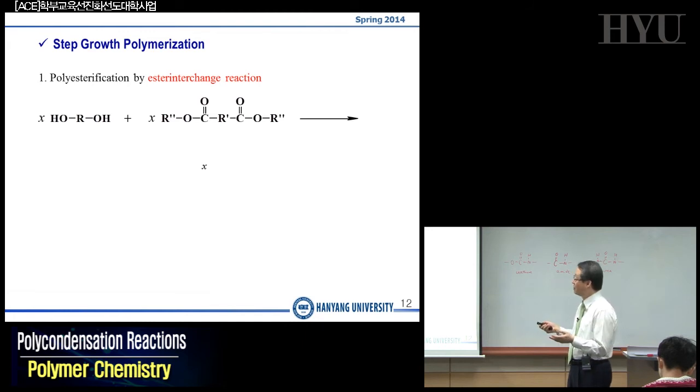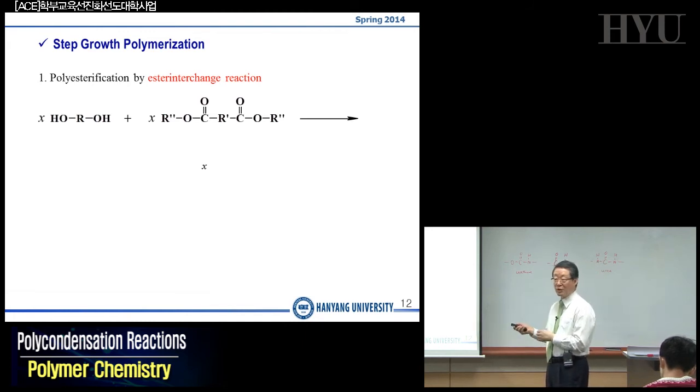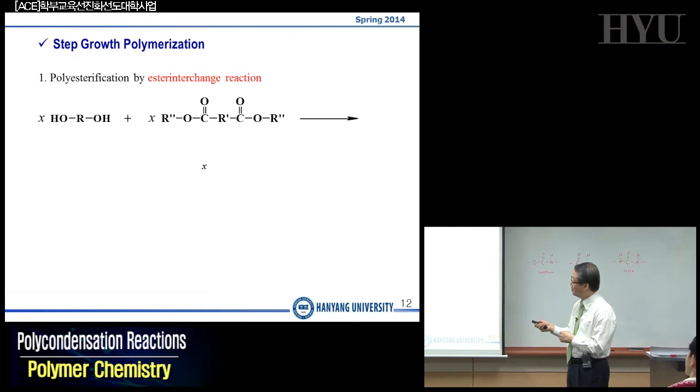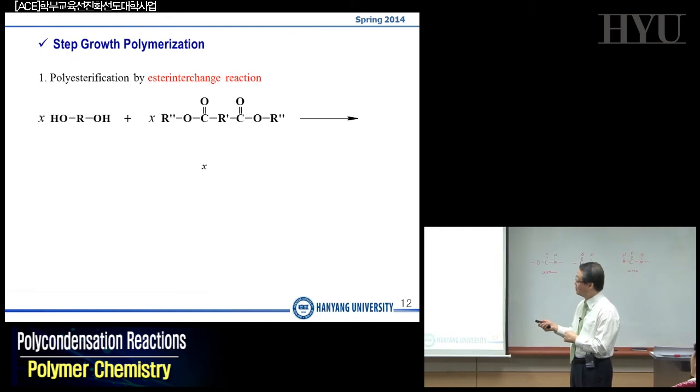It's a nucleophilic substitution reaction, so that you have the electron-rich oxygen. You have 2 electron pairs here. The electron-rich oxygen will attack this carbonyl, so that the carbon and oxygen bond, which is a very weak bond, will be broken here.